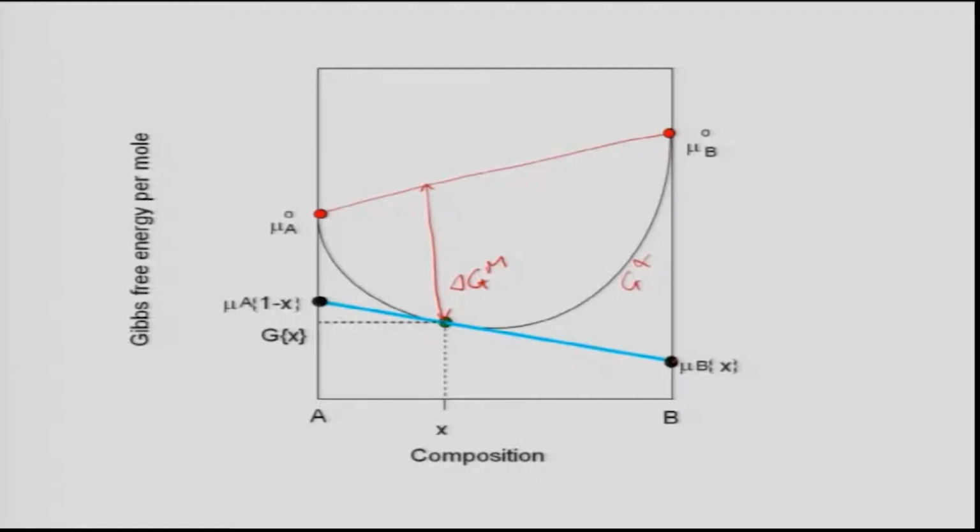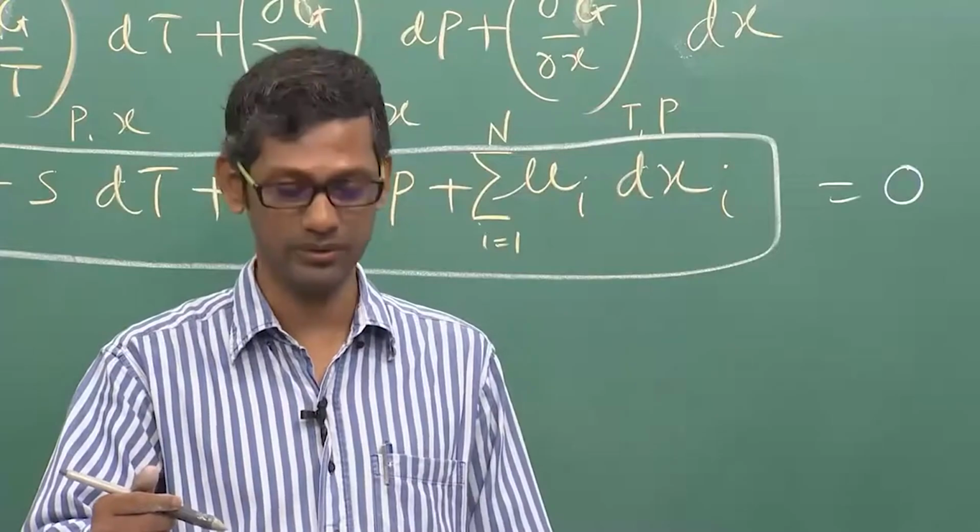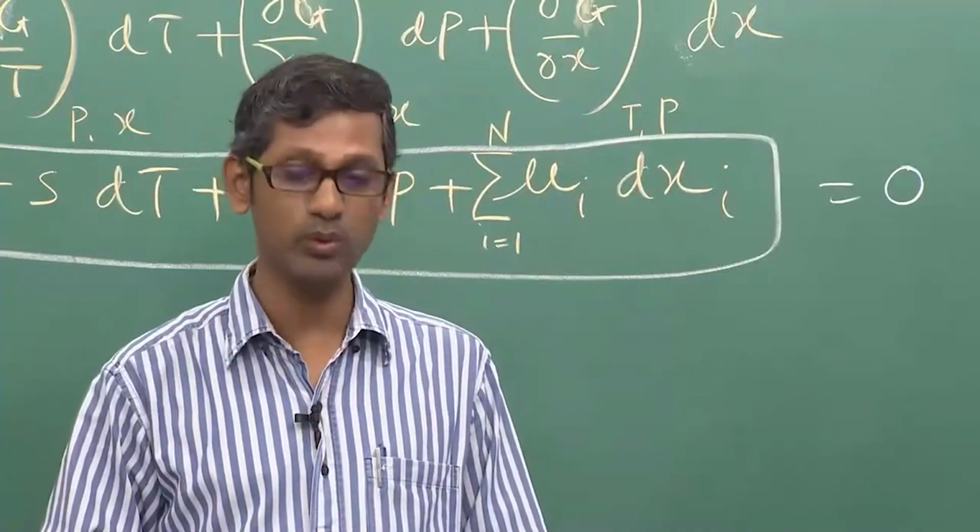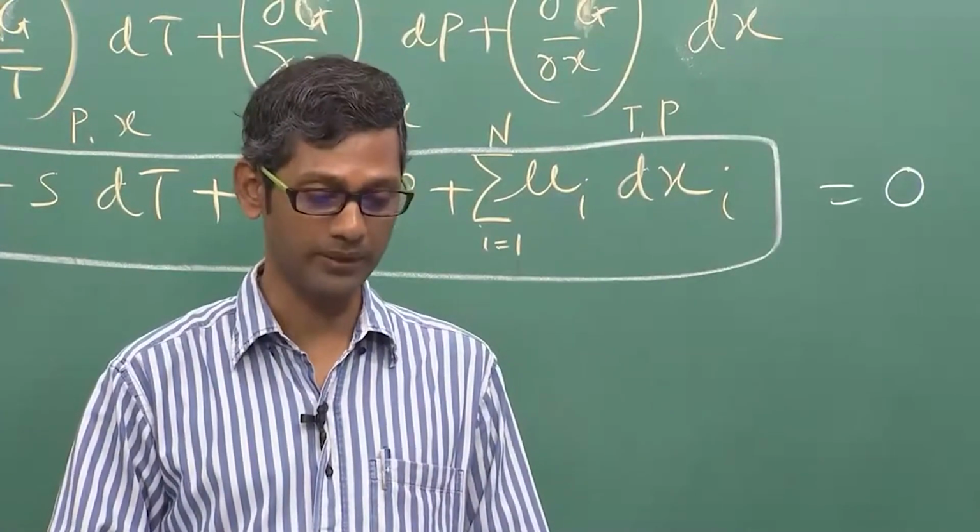That is why it is written μA at (1 minus x), μB at x. That means the chemical potential of B in the solution having x mole fraction of B, and the chemical potential of A in the solution having 1 minus x mole fraction of A. I will explain in another class how to use the tangent rule; that requires separate discussion, and we will do it slowly, one by one.